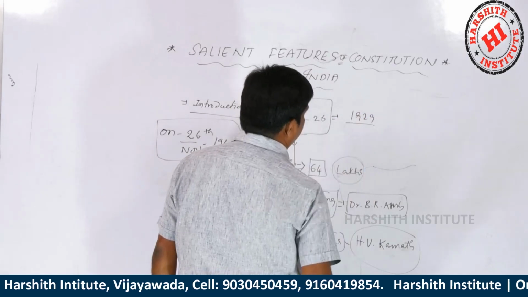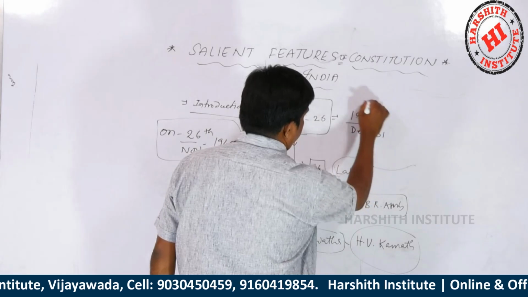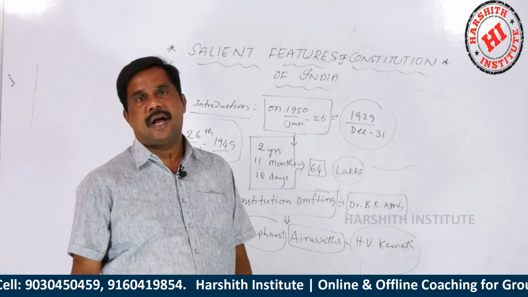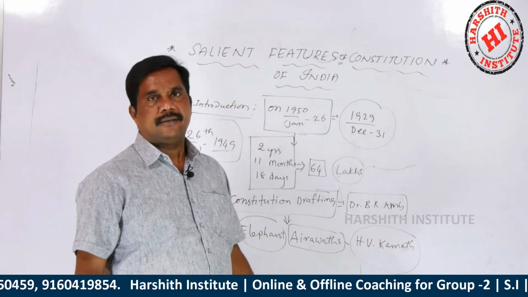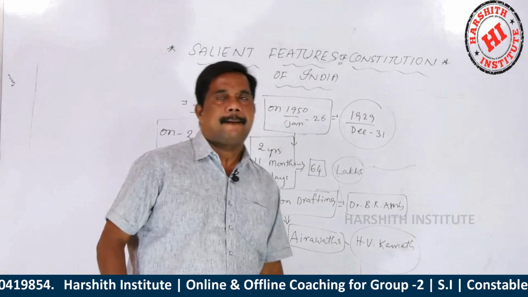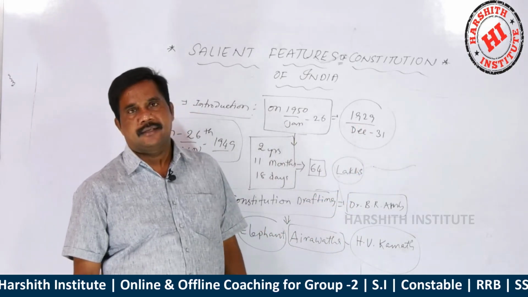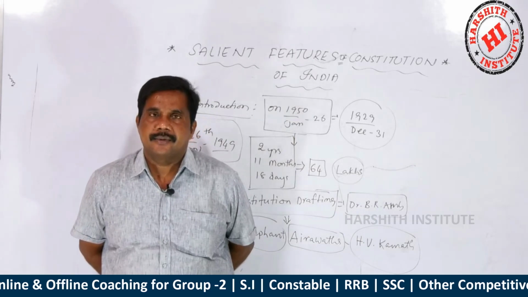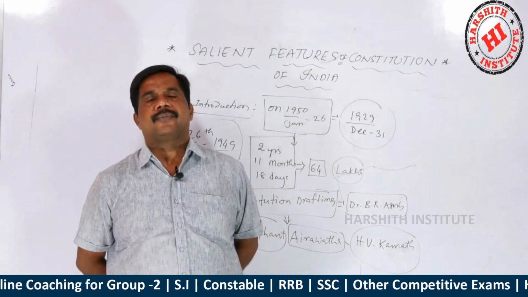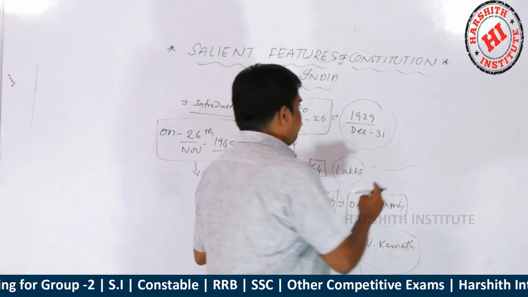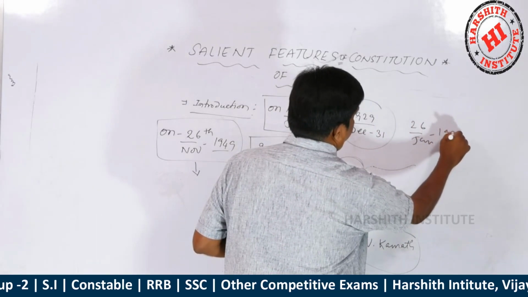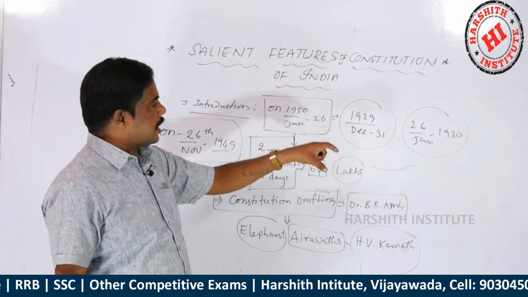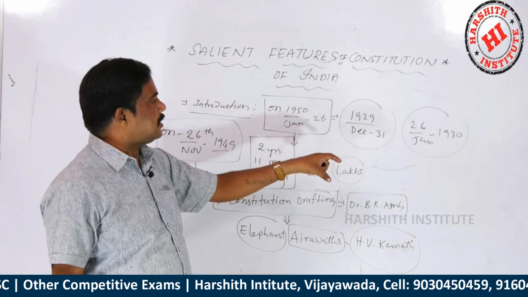On December 31st, 1929, in the Lahore Congress, they decided to celebrate Sampurna Swaraj, complete Independence Day, on 26 January 1930.